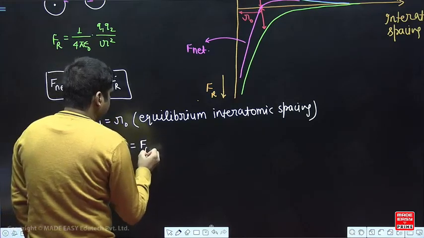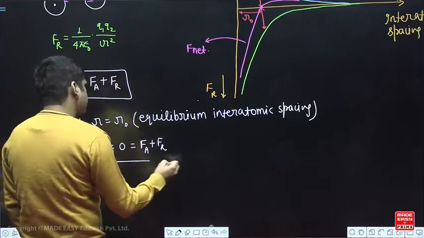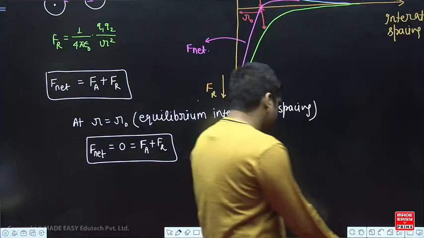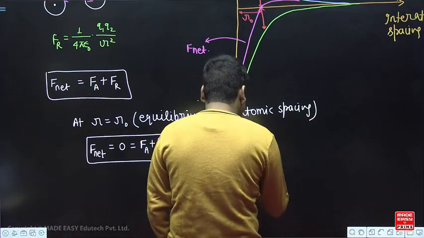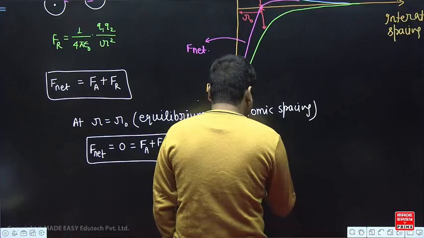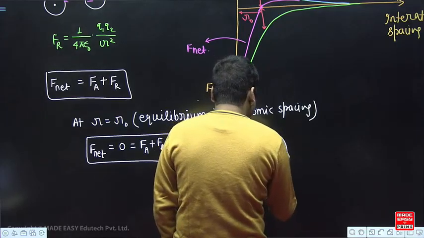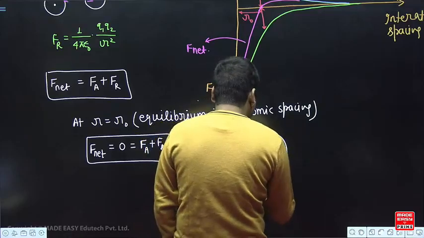That is Fa plus Fr is equal to 0. Net force is 0. Now if the net force is 0, then they will become stable at this point. At this interatomic spacing, they will become stable. This distance between two centers of atoms is r naught.